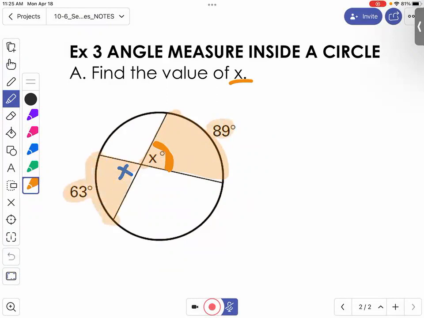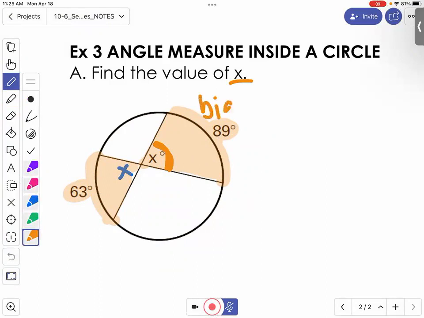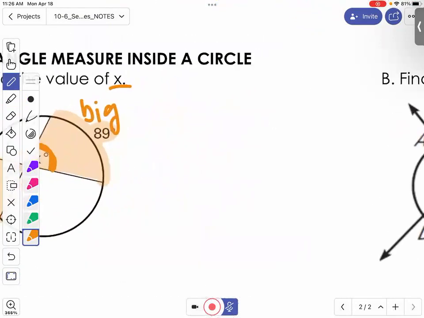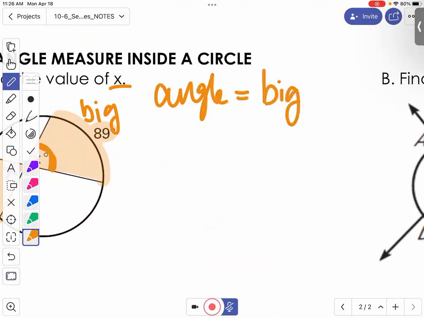So that means I have a 63 and the arc of 89. And again, I know 89 is bigger than 63, so it will be my bigger one, 63 the small. All right, so my formula says to get the angle, it is the big arc plus the small one.